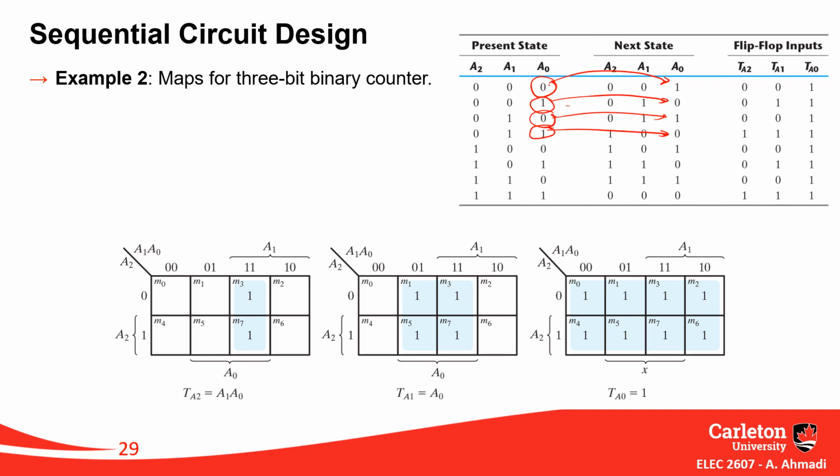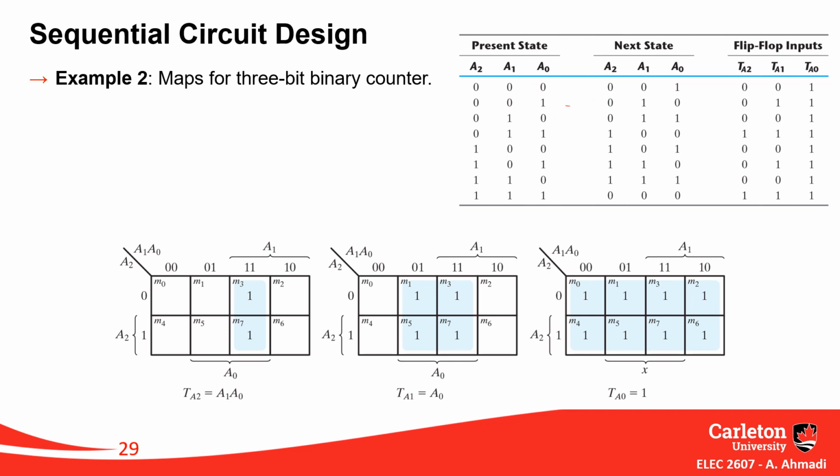So that's why you only need to apply 1 to your A, because every single clock, this bit of the counter will be toggled. So you apply 1 to the T flip-flop input of the first bit, the LSB of your counter.